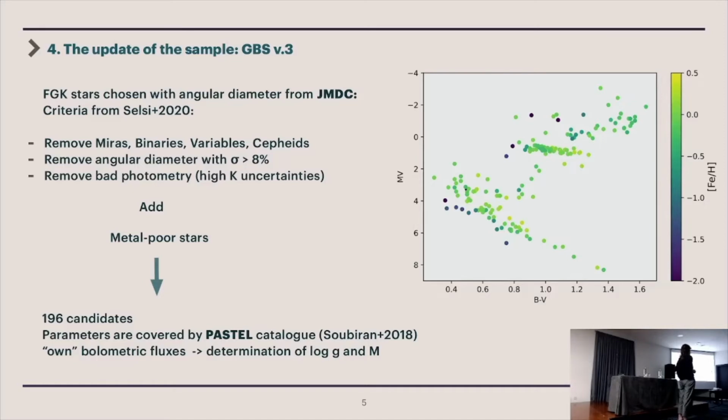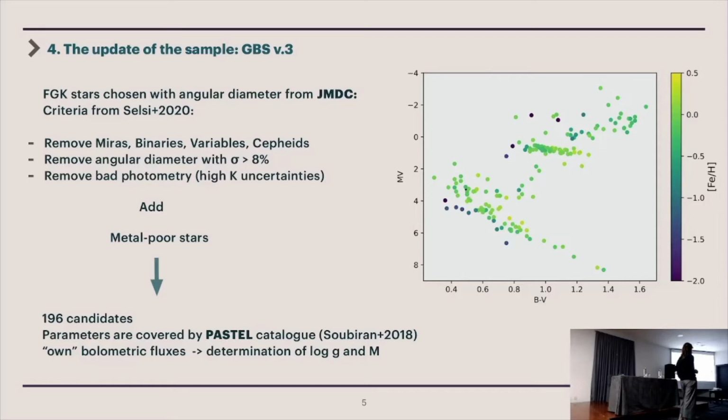We removed binary stars, and especially we tried to get rid of all the stars for which we had higher uncertainties on angular diameter or photometry. And we added some metal-poor stars from the latest compilation.